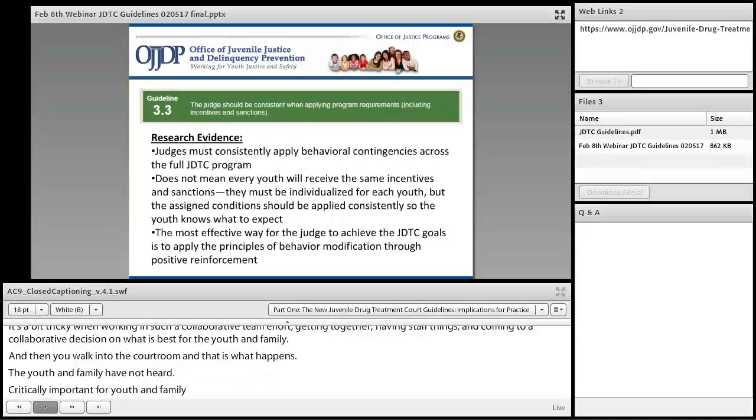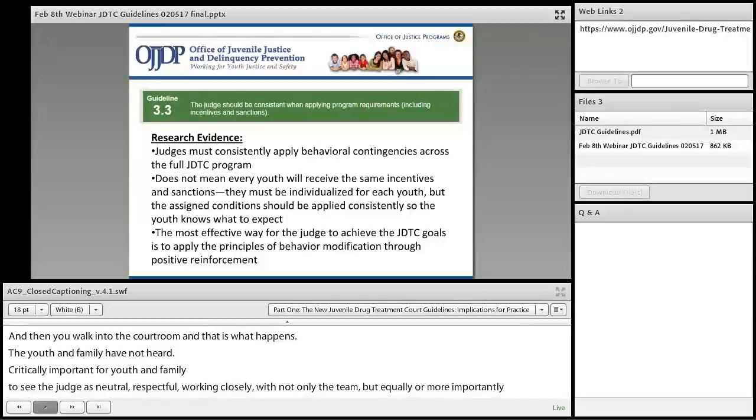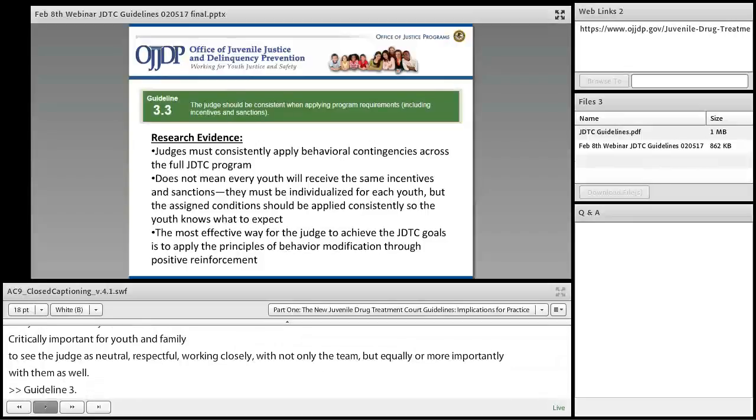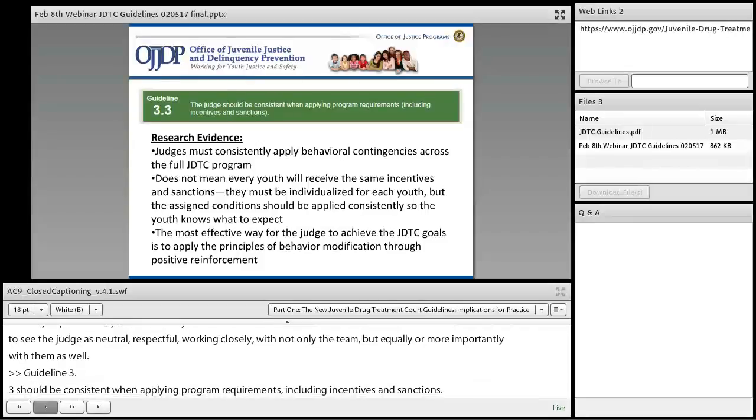Okay, Guideline 3.3: the judge should be consistent when applying program requirements, and that includes incentives and sanctions. So let's talk about the consistency we're referring to. It's consistent across the full Juvenile Drug Treatment Court program.